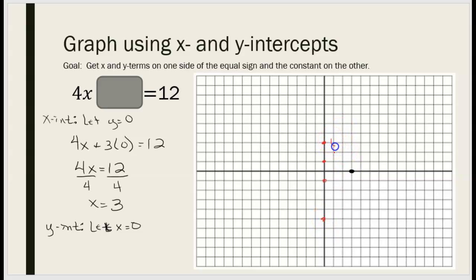So this point is 0, 3. This point is 0, 1. This point is 0, -1. This point is 0, -5. What you're going to notice is that all of these y-intercepts have an x value of 0. So that's why we're going to let x equal 0.